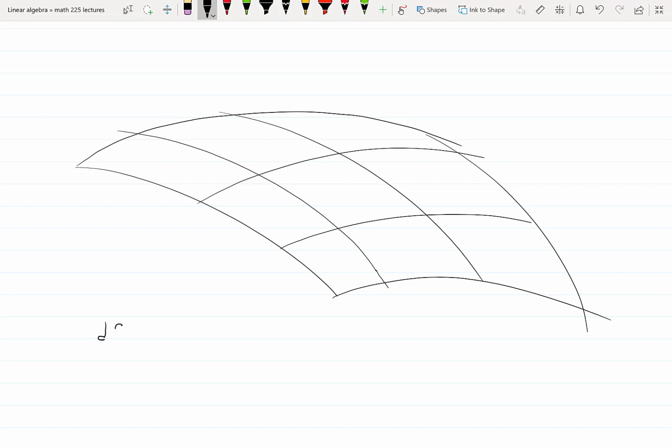So let's say dS is the surface area of a small patch of orange, a very small, infinitely small patch of the surface of the orange.